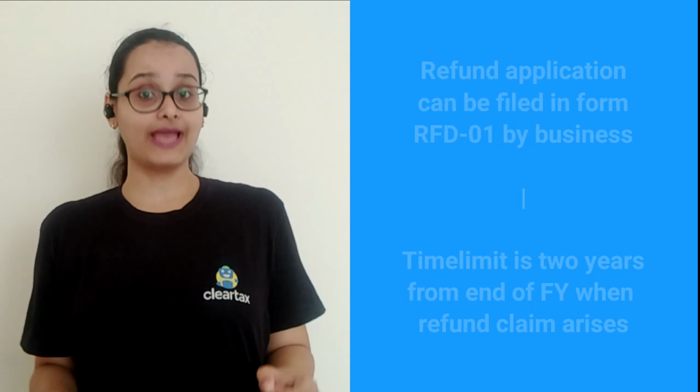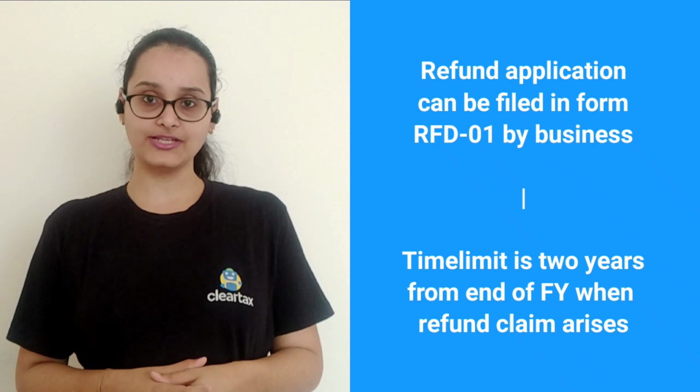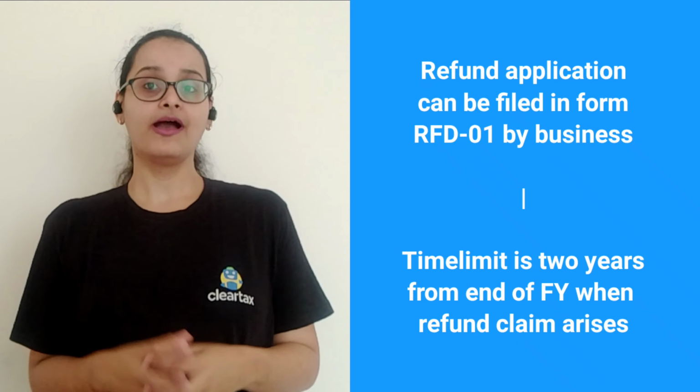Tax period here means the period for which the return is required to be furnished. So, the taxpayer can claim this refund through the application in Form RFD-01 within 2 years from the end of the financial year in which such claim for refund arises. Further, a taxpayer can apply for GST refund for multiple months in a single refund application spread across different financial years.